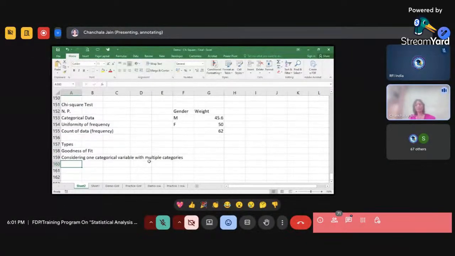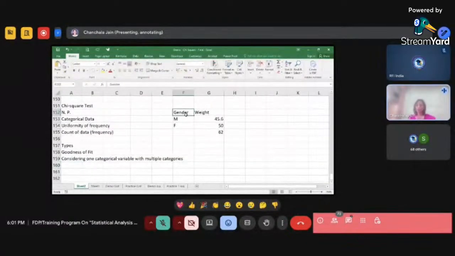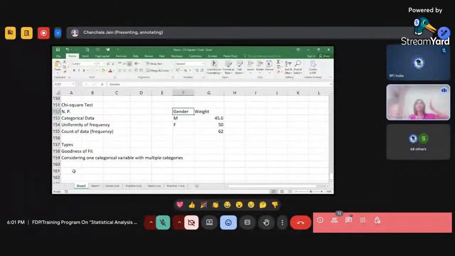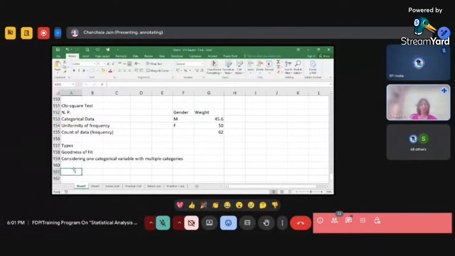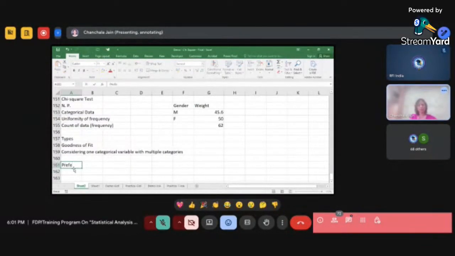Say for example, gender is a categorical variable, and I have only two categories here. You can have any categorical variable with multiple categories. Say for example, preference of color.